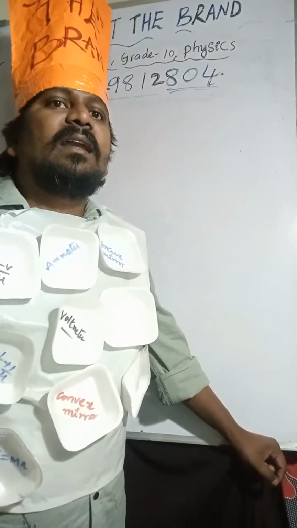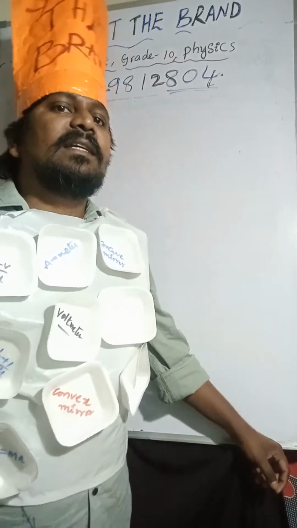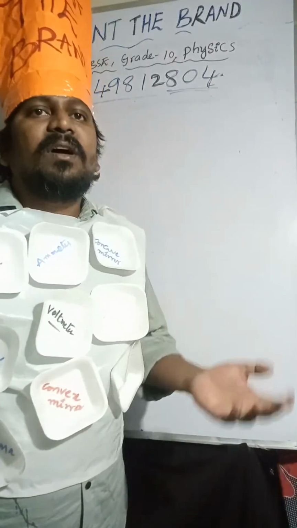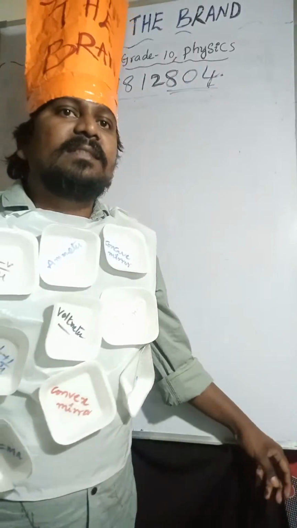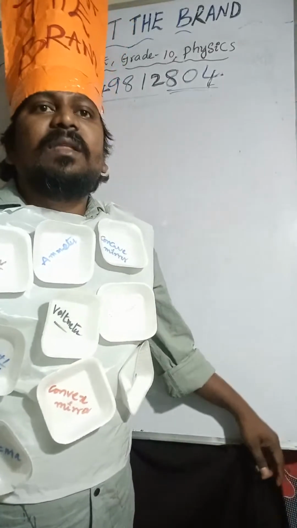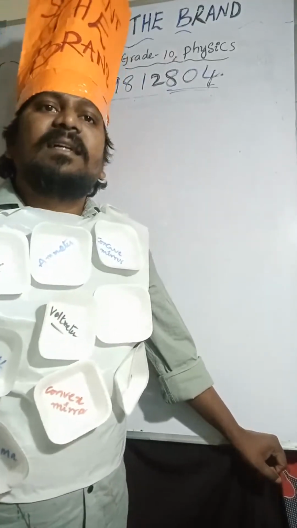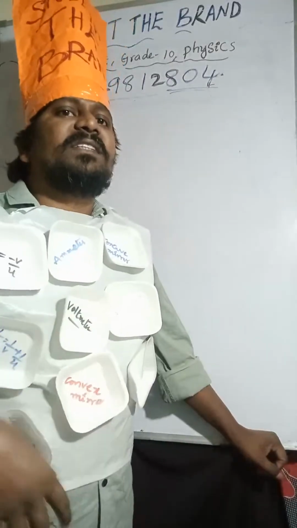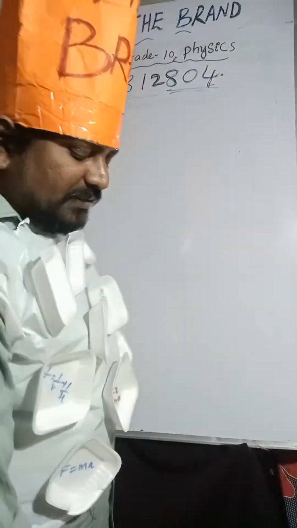Distance negative opposite to incident rays. Distance positive above the principal axis. Distance negative below the principal axis. These are the new Cartesian sign conventions.